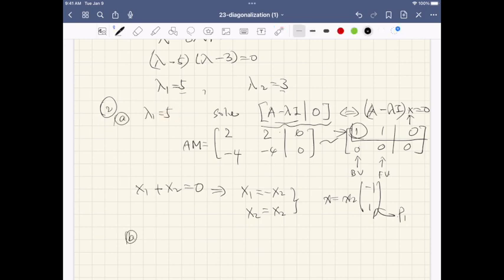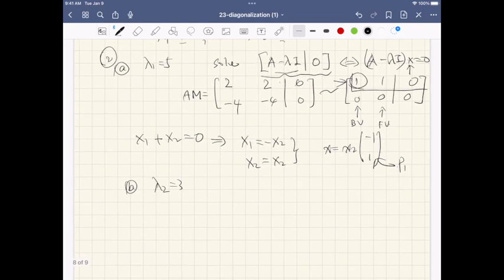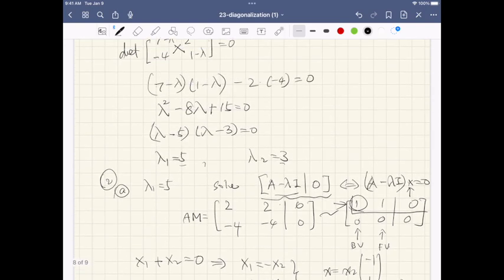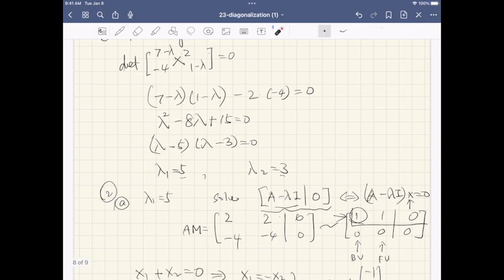Second, I want to move on to lambda 2 equals 3 and solve A minus 3I with 0. The augmented matrix A minus lambda I, we replace lambda by 3.